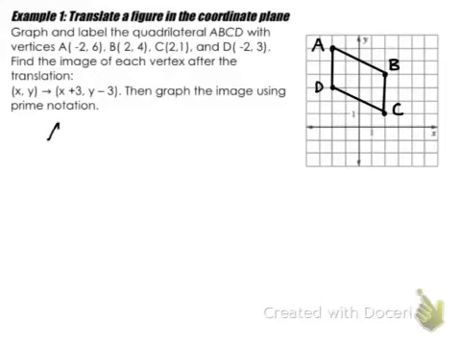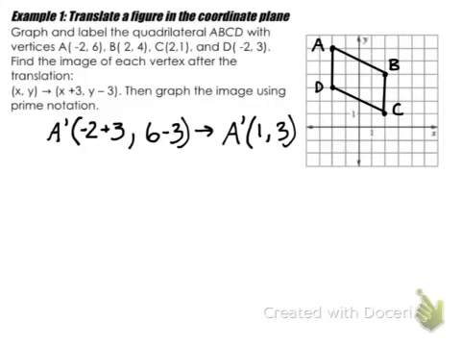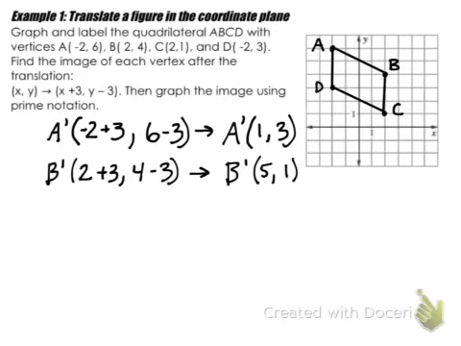So mathematically, our A prime will be negative 2 plus 3, which is our current x coordinate plus 3 according to the rule. And then our y coordinate would be 6 minus 3, which would turn into 1, 3 for A prime. B prime, same rule applies for all of the coordinates. We have 2 plus 3, and then 4 minus 3, where B prime is going to be 5, 1.